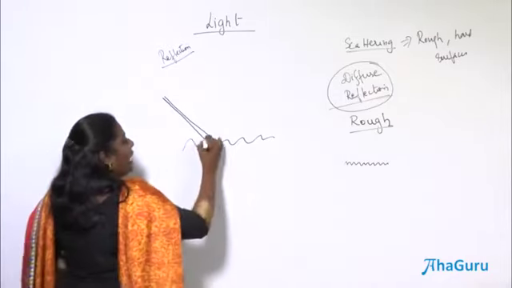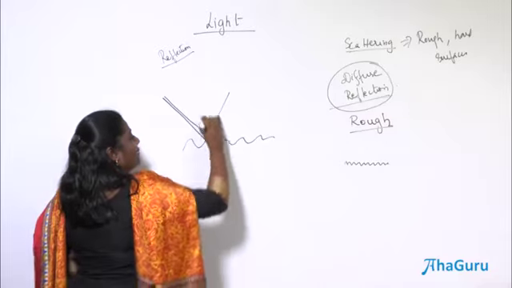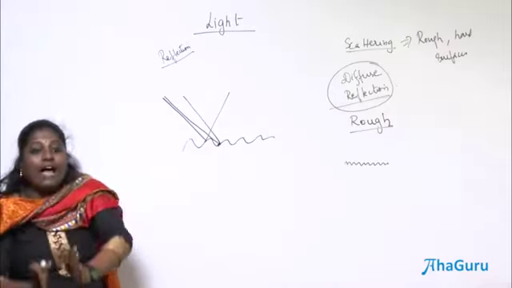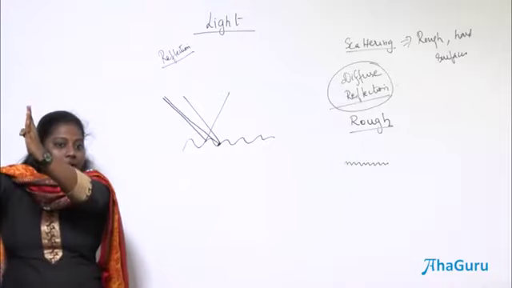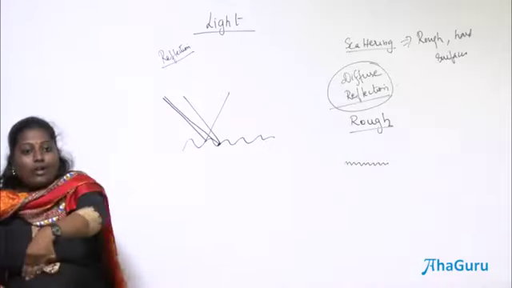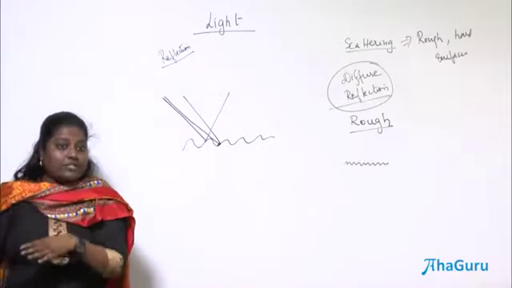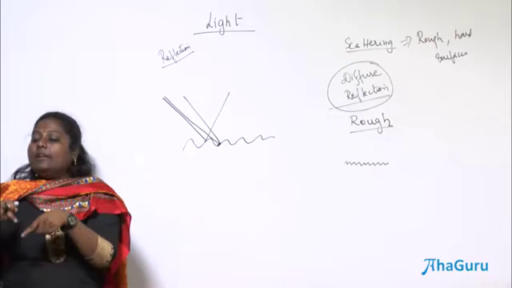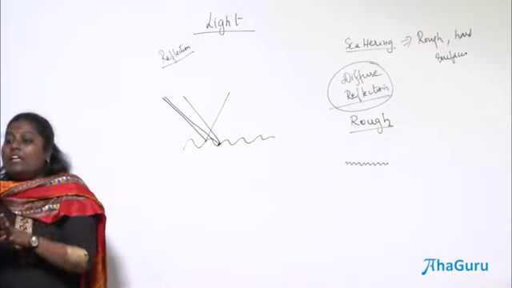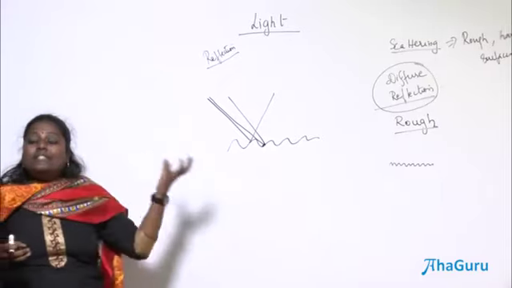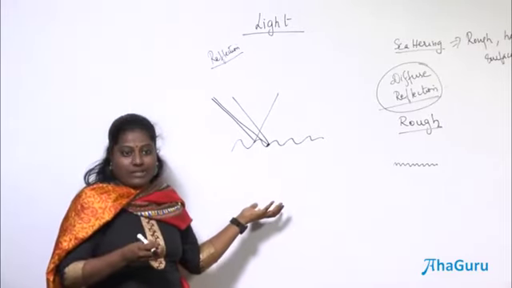So this beam will not have a reflection similar to the angle of incidence. Each ray goes in a different direction, each with a different normal, so they are diffused. You won't see a proper image, instead you will see a blurred or smudged image.